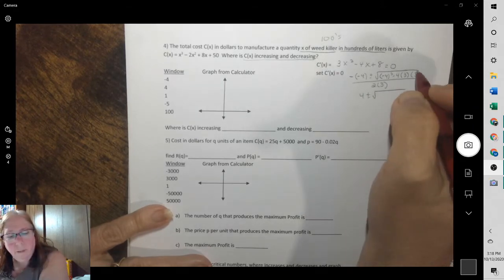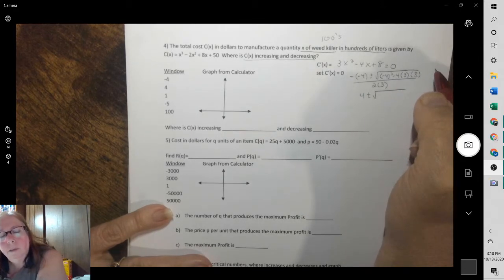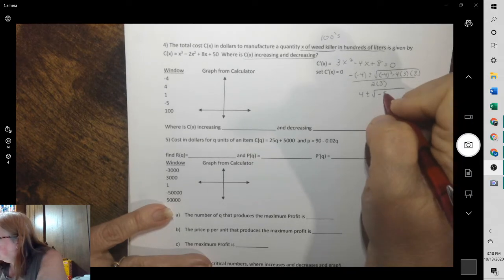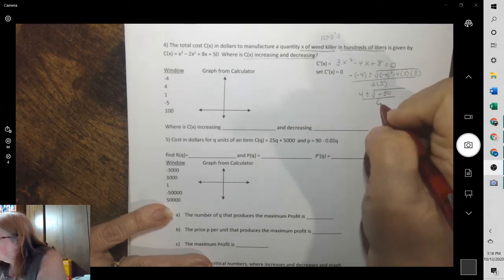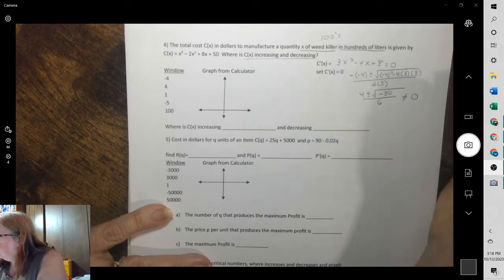Now when we calculate what's inside the radical, we get a negative 80, which cannot equal 0.